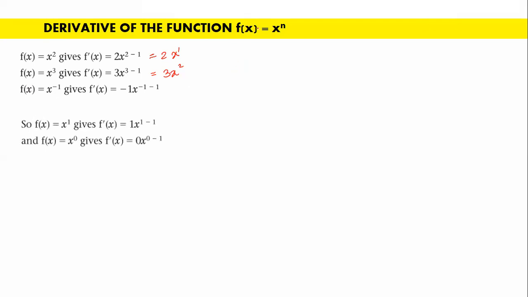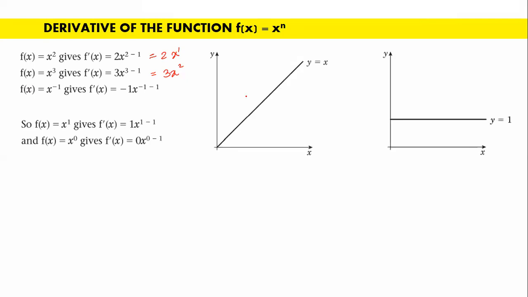Also, if you remember, if you have a function f(x) which is equal to x, or in other words x to the power 1, it gives f'(x) as 1 times x to the power 1 minus 1, in other words 1 times x to the power 0.